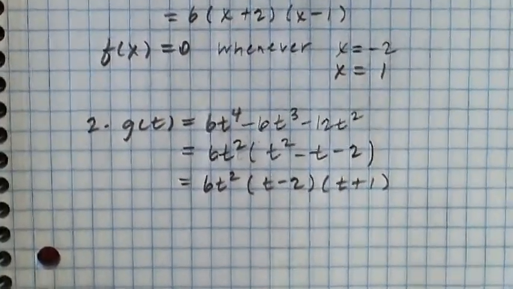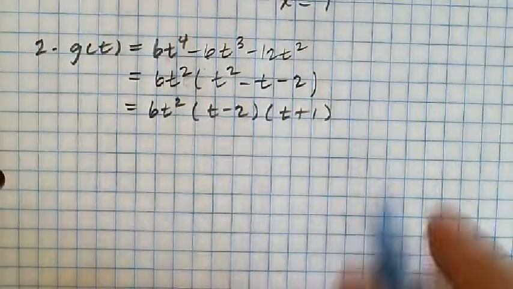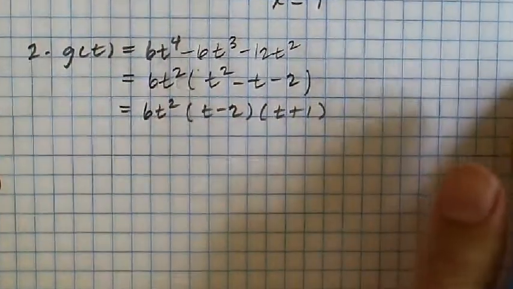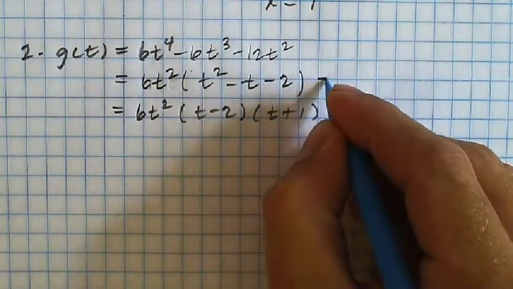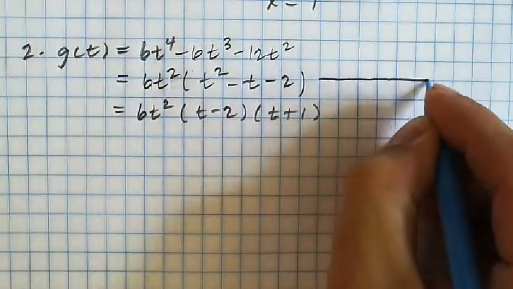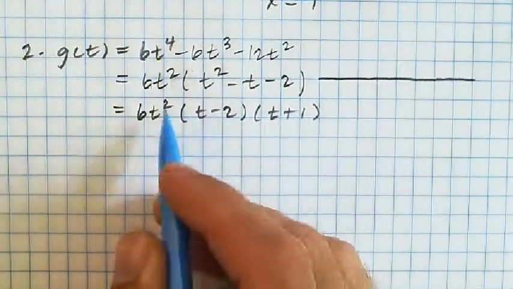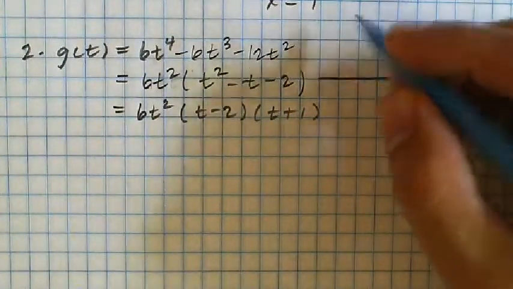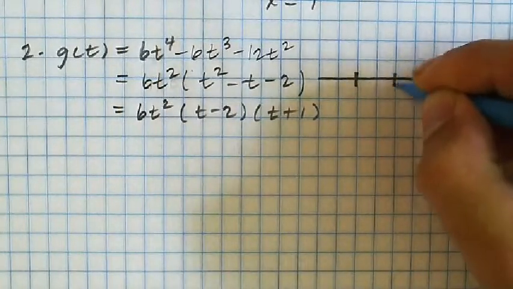Let me kind of scroll this down a little bit. Okay, so what I'm going to do is actually draw a sketch of the graph of g, so we can figure out where it's positive and negative. All right, so I've got negative 1, 0, and 2 as my zeros.